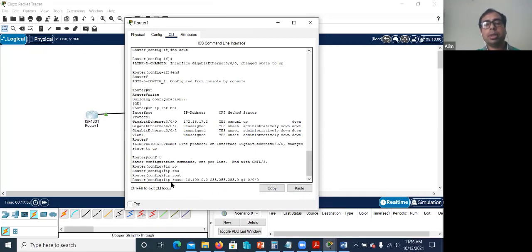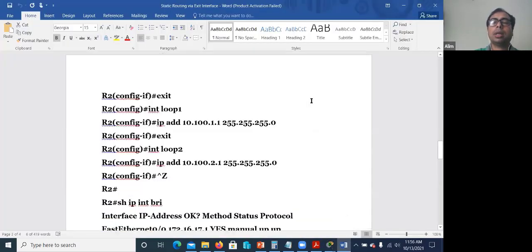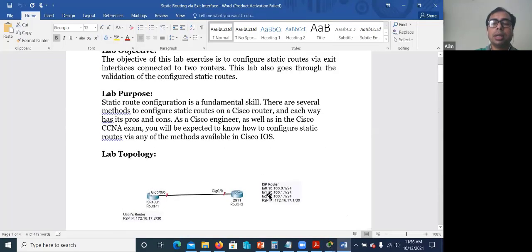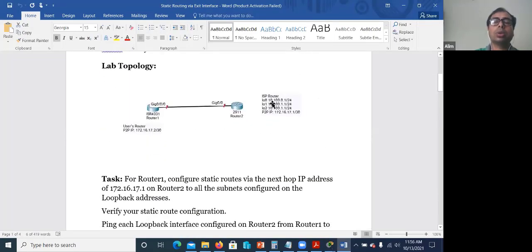The command format is IP route. Then the target network. Okay, what is your target network? Your target network is, look at this, I created loopback 0. Loopback 0 is 10.100.0.1. It is interface specific IP address. But its network, in slash notation, is /24.